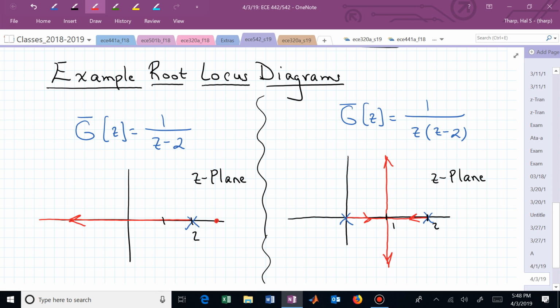And what determines where I'm at to the left of that point will depend on the gain k that I've used in my closed loop feedback configuration. I can pick a k to put me anywhere I want from z equal 2 all the way to z equal minus infinity. I may not want to go that far. How far would I probably only want to go?